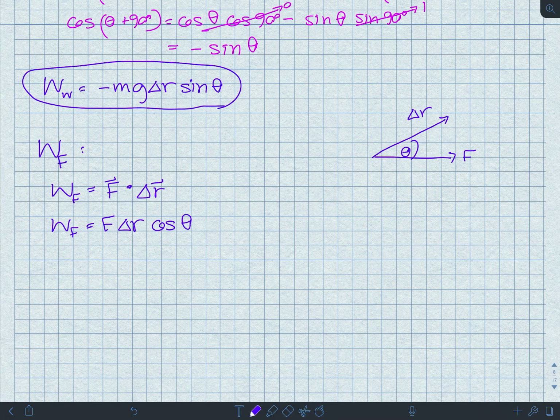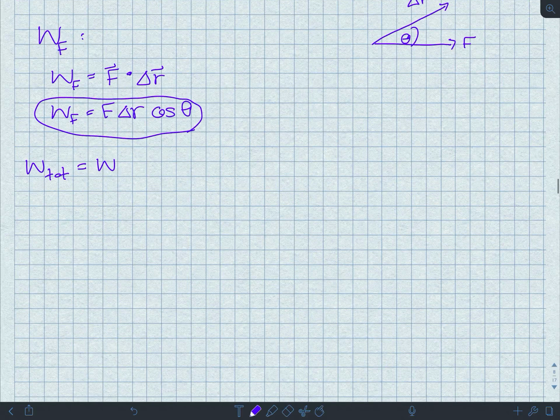Now, let's get the total work. Okay, so this is going to be the work done by the normal force, plus the work done by the weight, plus the work done by the force F. Okay, so that's 0.